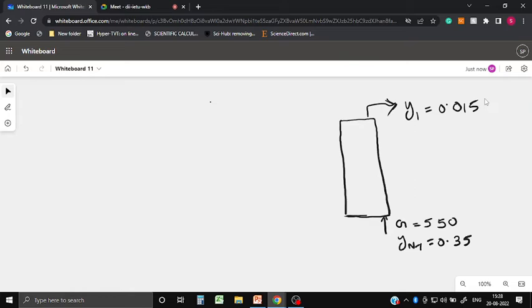In each case we need to find the mole ratio. So the corresponding mole ratio in the feed, Yn plus 1, will be equal to 0.538.